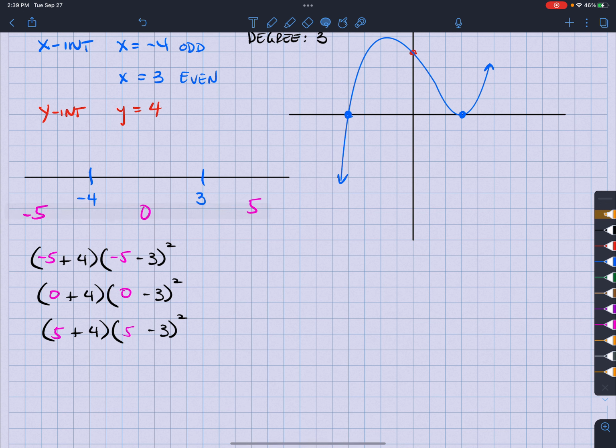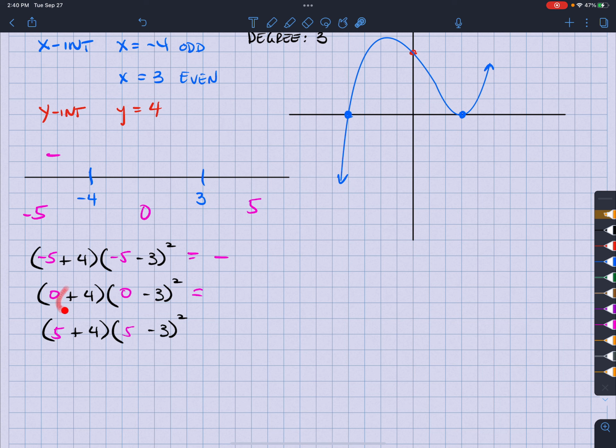So what do those give me? This is going to be positive, right? Because it's squared, times a -1 is going to be a negative. So this is going to be negative. And then when I do this one here, this piece is negative but squared.